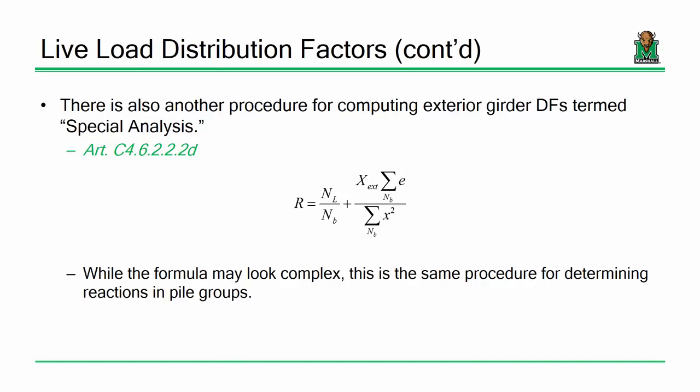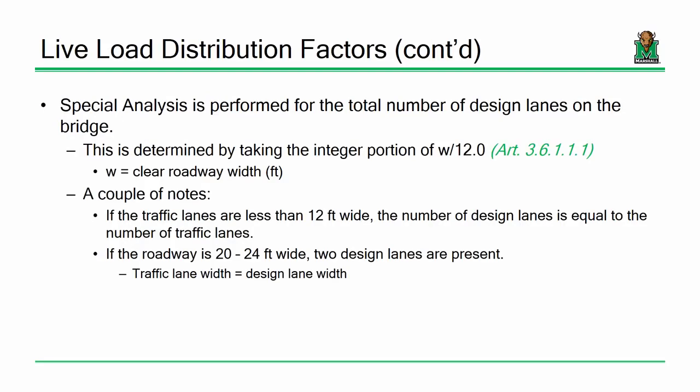This I being sort of the moment of inertia of all the beams, the moment, or this sum of NB, or the sum of the eccentricities, are all the trucks going on the bridge. So this part here is kind of like your moment, and this XEXT is the distance from the center all the way over to the very edge. That's kind of like your C, MC over I. So we'll practice that. Don't worry, it's not that bad. Okay?